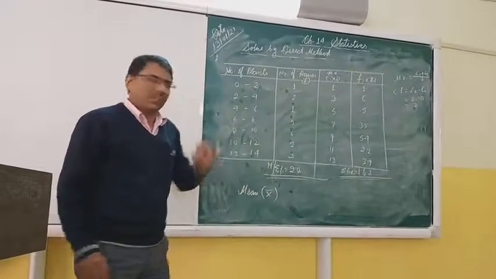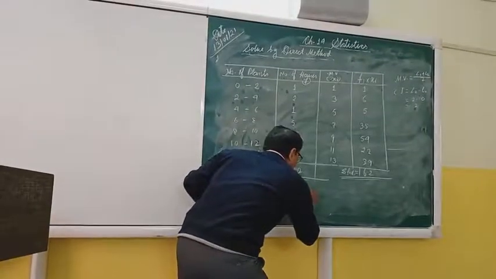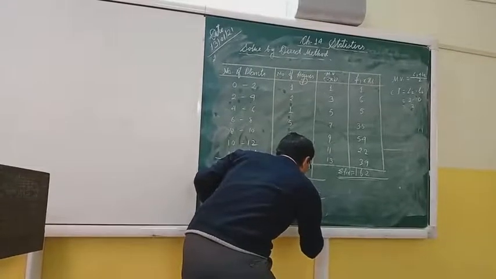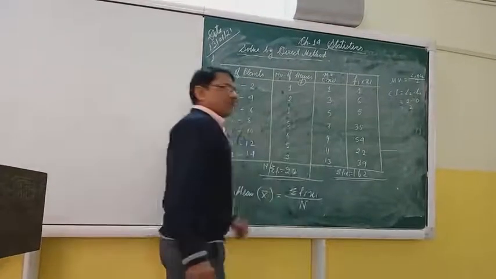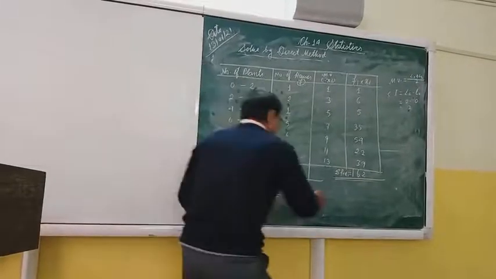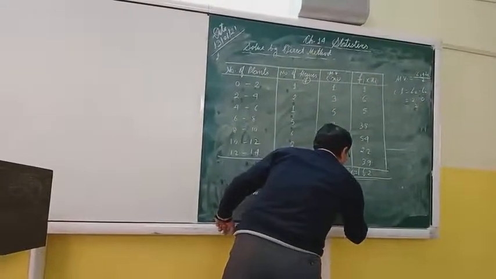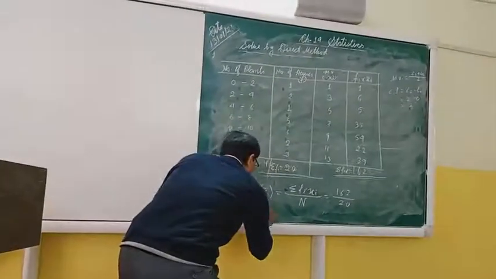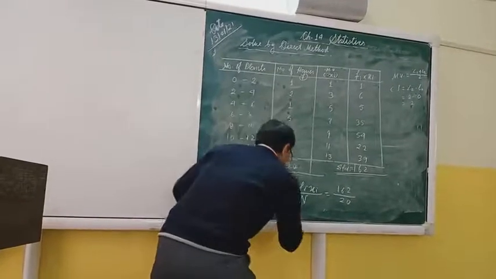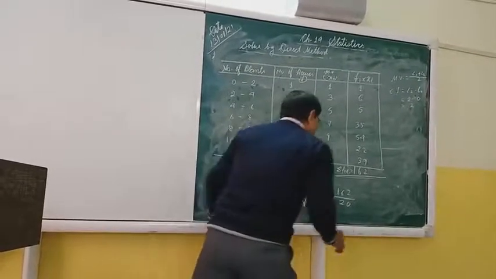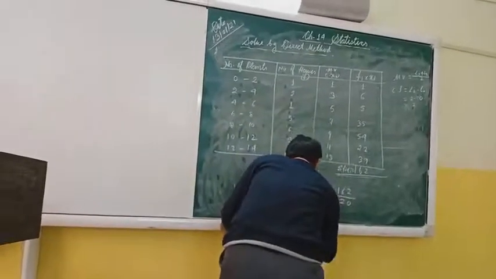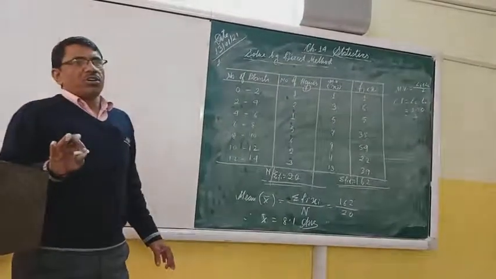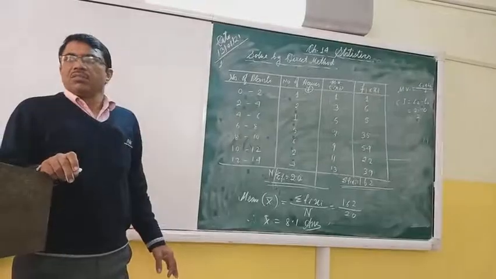X bar is equal to summation of fi xi by summation of f or capital N. So now students, this is coming 162 by 20. You shall divide now. Therefore, mean is equal to 8.1, the final answer. Now tell me, have you understood or not? Anybody any doubt?